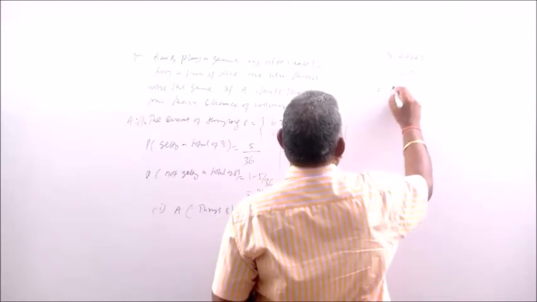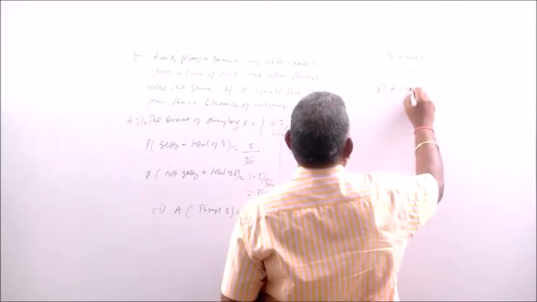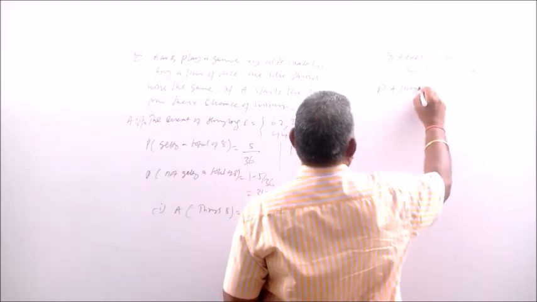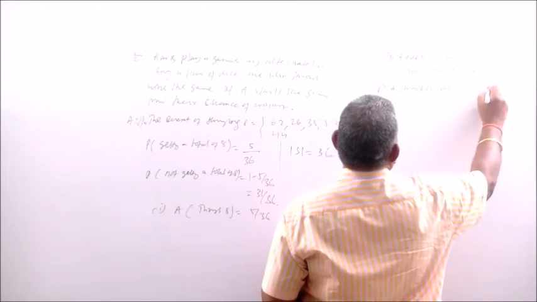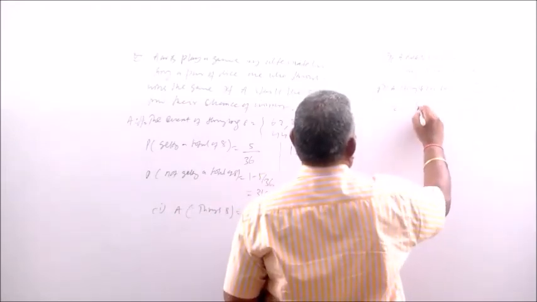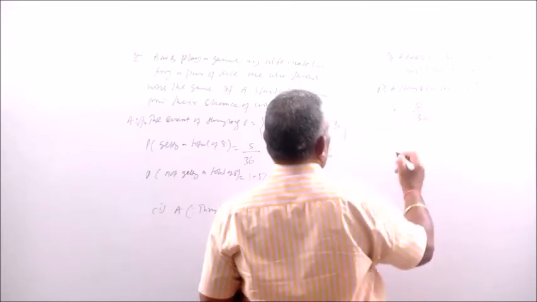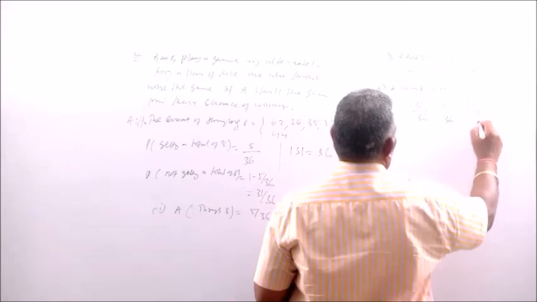That is, A throws 8 in his second chance. A fails 31 by 36, B fails 31 by 36, A wins 5 by 36.